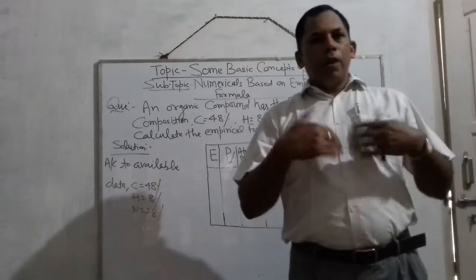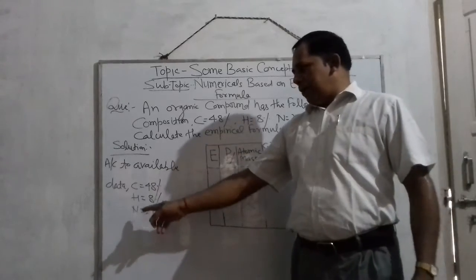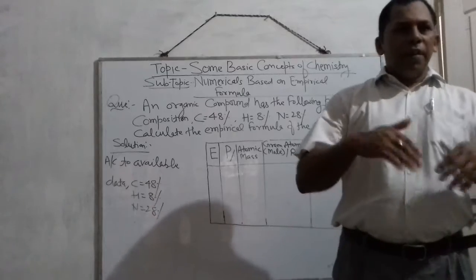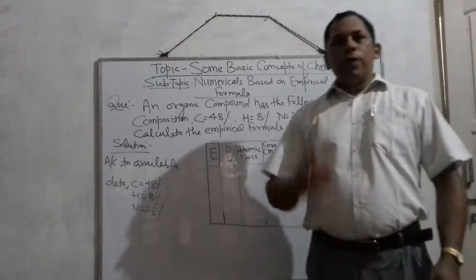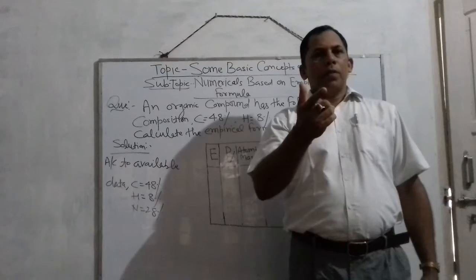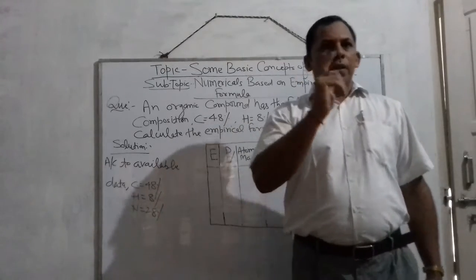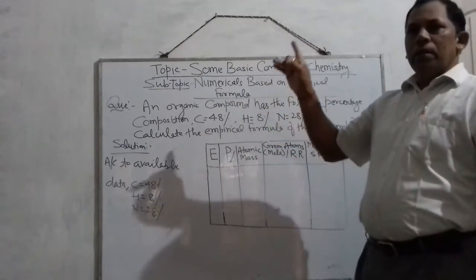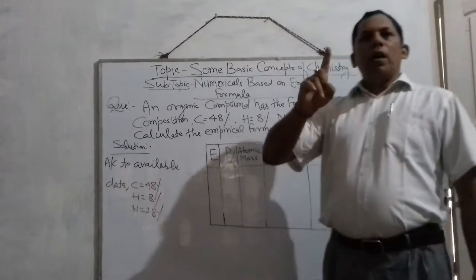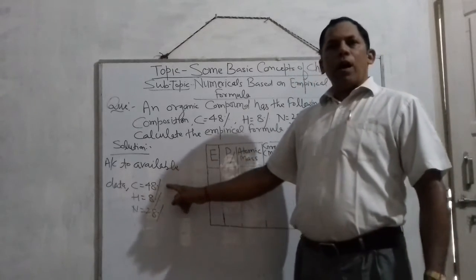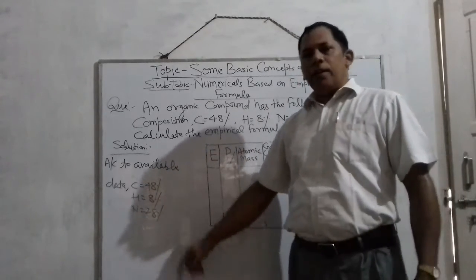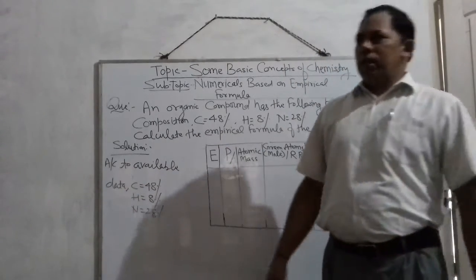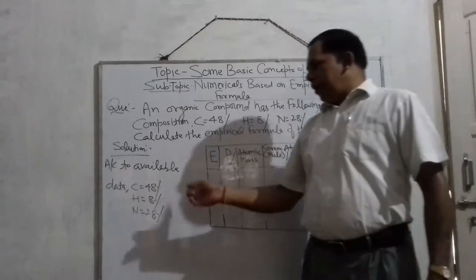But if the sum of the percentages of the elements is not 100, meaning less than 100, then the rest of the percentage will be of oxygen. Must remember this point.